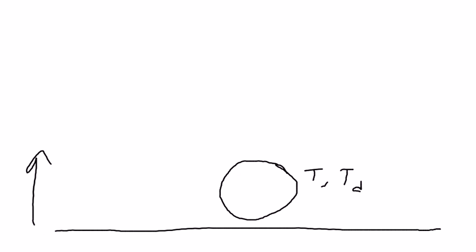Okay, so that's the ground, this is up. Now let's say we have a chunk of air here, also known as a parcel of air. It's going to have a certain temperature and a certain dew point. Let's write that out. We'll write that as TD.